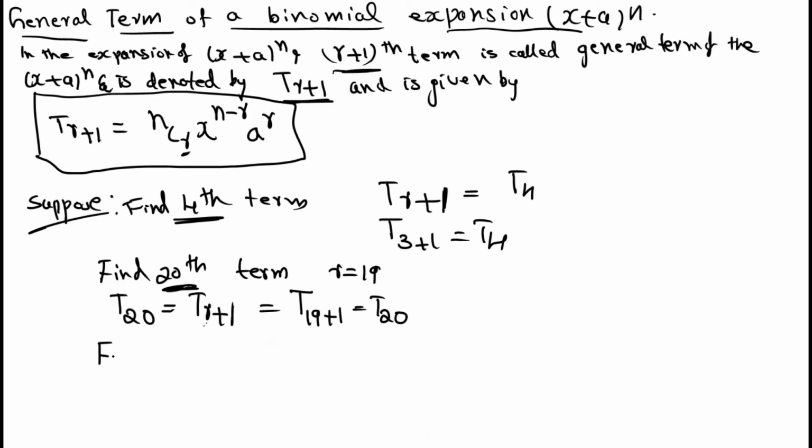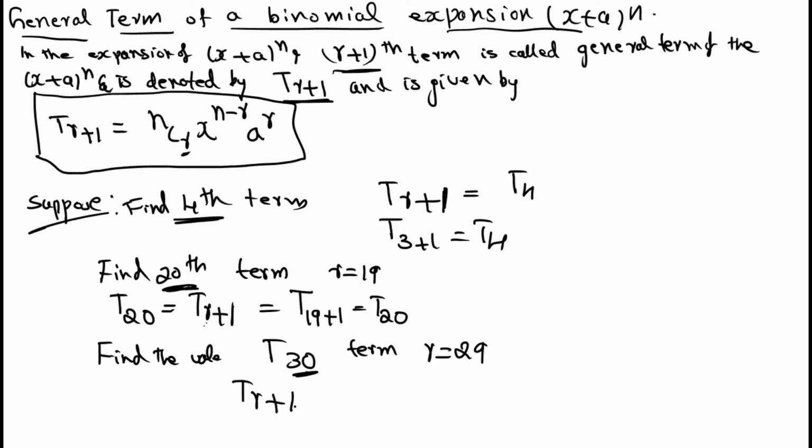For example, find the 30th term. You need to calculate T30. Then what's the value of r? The r value is 1 less than the required value, so r = 29. Why?